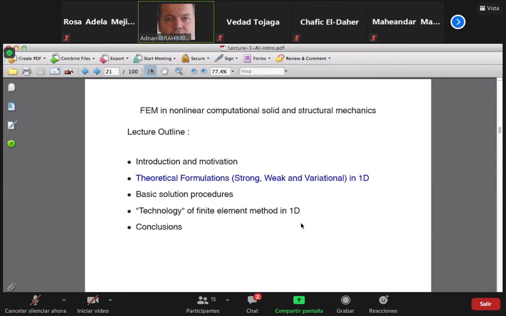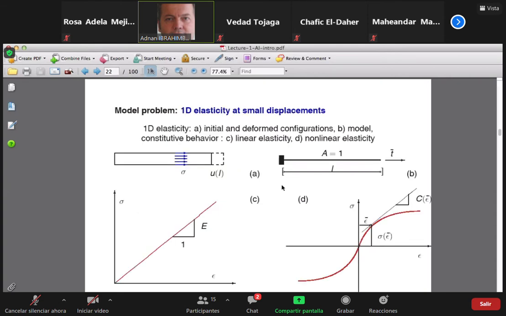So my first goal is to obtain the theoretical formulation, giving you the strong, weak, and variational problem in the one-dimensional case. And to do that, I'm going to study simultaneously 2 different problems. One is linear elasticity, and the other one is nonlinear elasticity.